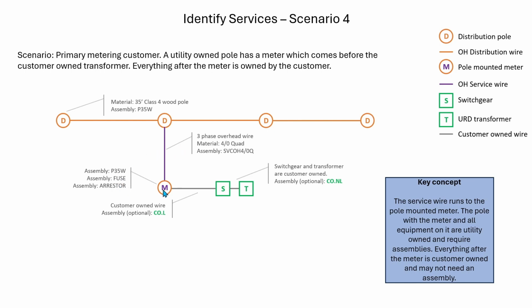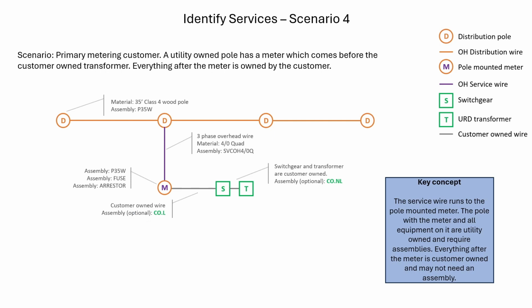And so the power then continues on through this customer-owned wire onto a switchgear and a transformer, all of which are also customer-owned. So these may have customer-owned assemblies. Again, those may be optional, so make sure to check with your utility on what you should be tracking for this.